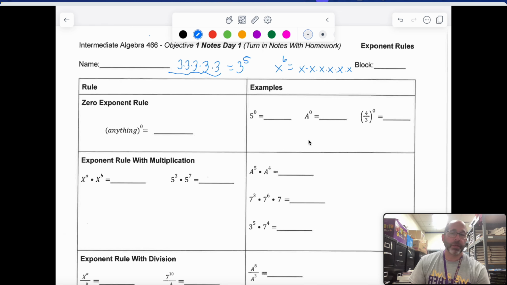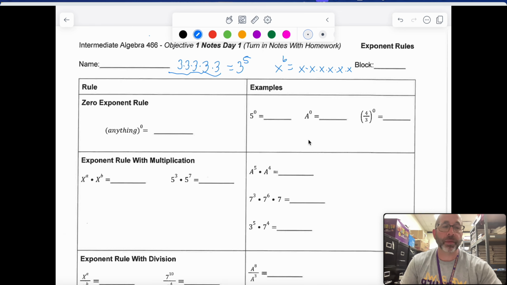So let's start talking about rules that we know when we're dealing with exponents. There are several of them to know. They're pretty straightforward, but use them as a guide when we're going through things. The first rule is the zero exponent rule. It says that if we have anything, literally anything, to the 0 power, it's just going to equal 1.